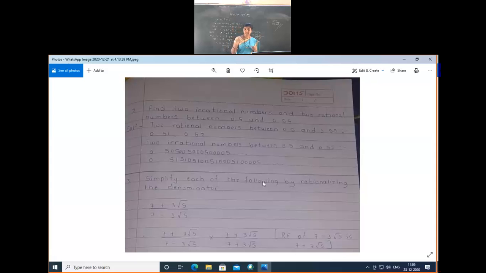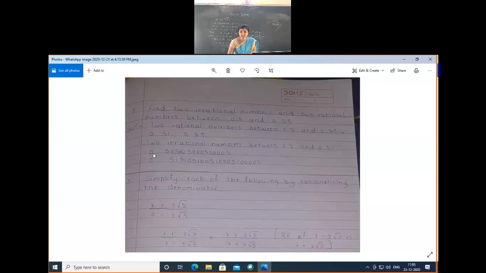In the number system chapter we discussed how to write an irrational number. Irrational number, in the sense non-terminating, non-recurring type you have to write. Non-terminating, non-repeating. So the group must be a non-repeating group. So how to write that one? In between 0.5 and 0.55.